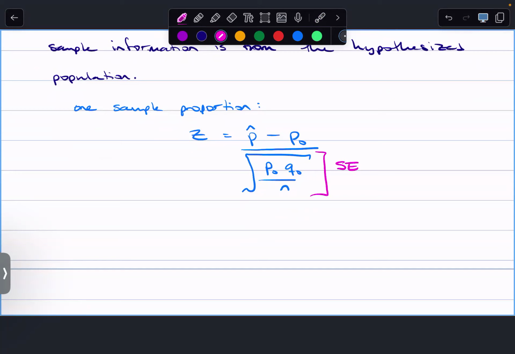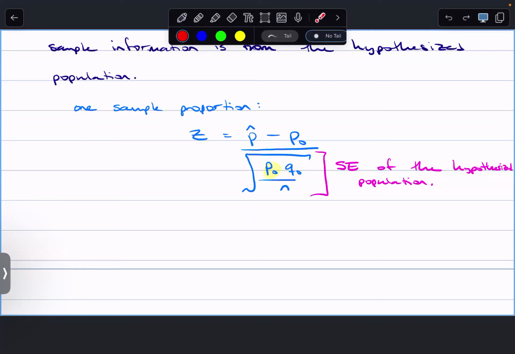The standard error of the hypothesized proportion, or hypothesized population. Population proportion, I guess, but that's okay. In general, the hypothesized population. So this changed, right? P naught.